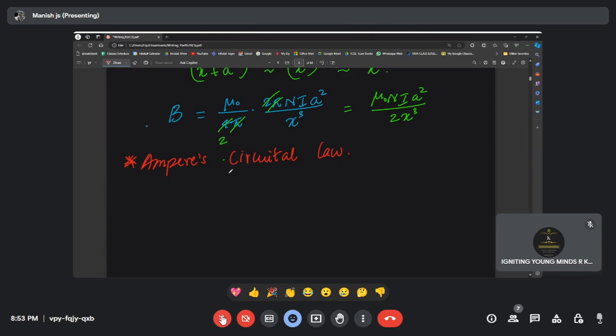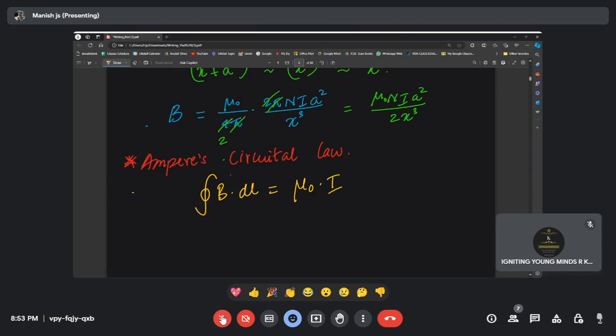It tells you that the line integral of the magnetic field around any closed loop is equal to mu naught times the current passing through that conductor. So that is the basic idea. The formula is closed integral B dot dl equals mu naught I.